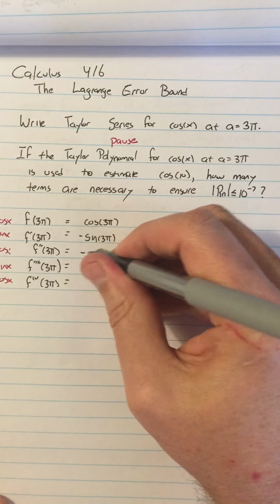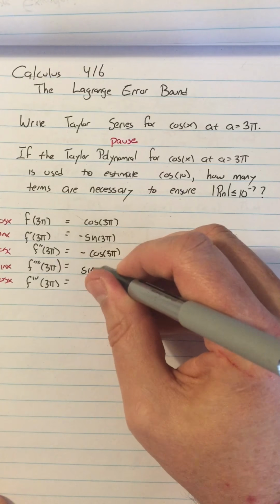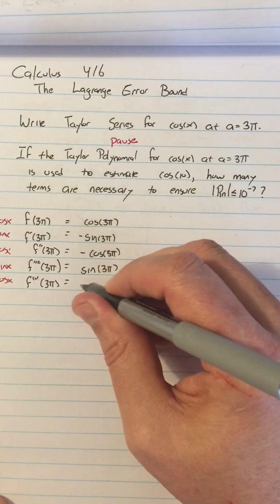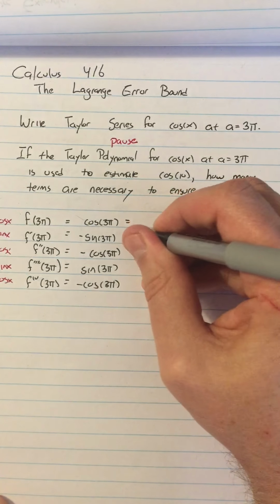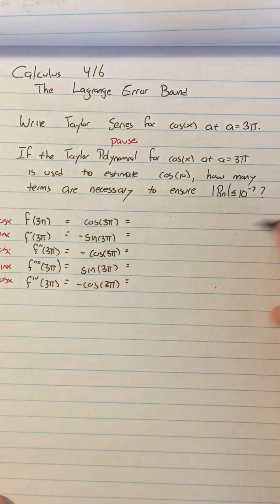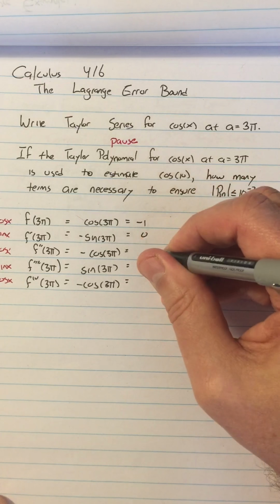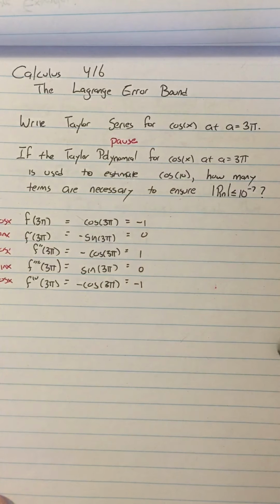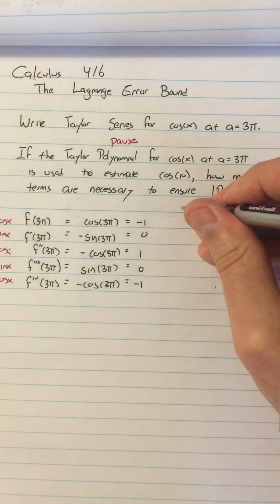So then this is negative cosine of 3 pi, this is sine of 3 pi, and this is cosine of 3 pi. We need to figure out what those all are using our unit circle. 3 pi is coterminal with pi, therefore we just have negative 1, 0, 1, 0, negative 1. Then we need to get our c sub n's for the Taylor series.